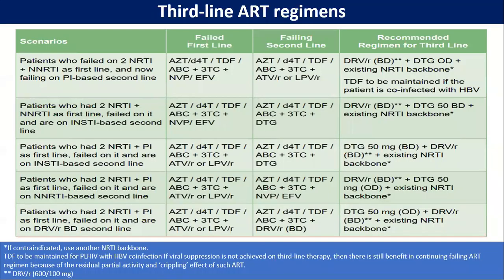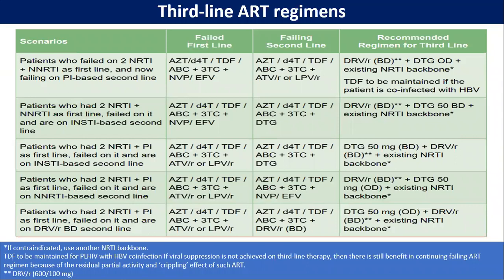Now, the third slide is a very busy slide, so let us go through it in short form, not the detailed one. A patient who has failed a first line of 2 NRTIs plus 1 NNRTI and is now failing on a PI-based regimen. The 2 NRTIs can be zidovudine, tenofovir, abacavir, stavudine, and lamivudine, and an NNRTI that is nevirapine or efavirenz.